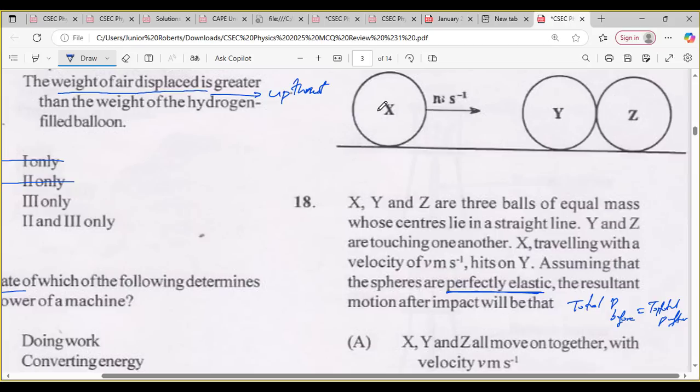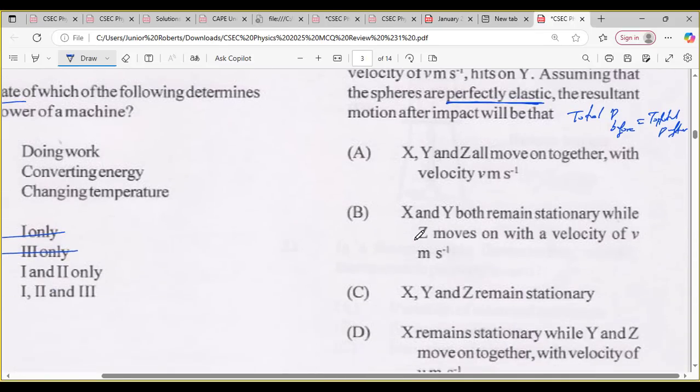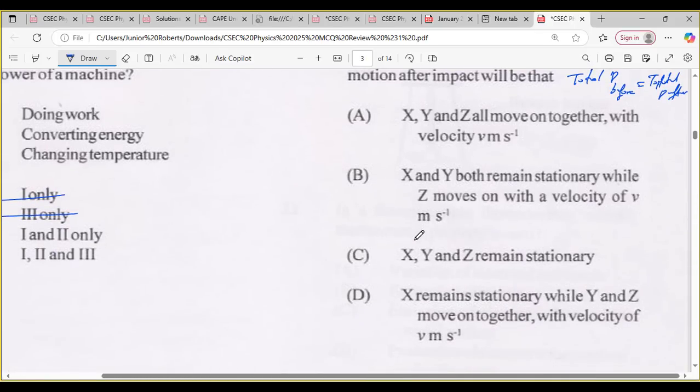So X and Y are going to remain stationary and Z is going to move off with velocity V. So our answer in this case would be B: X and Y both remain stationary and Z moves off with a velocity of V meters per second. So we're going to go with B for this one.